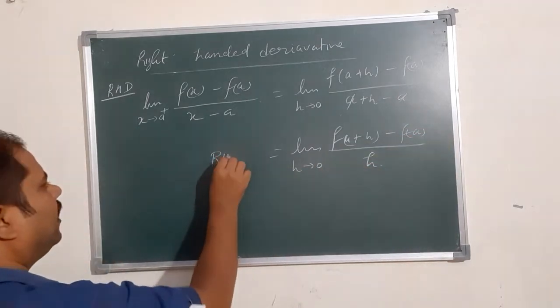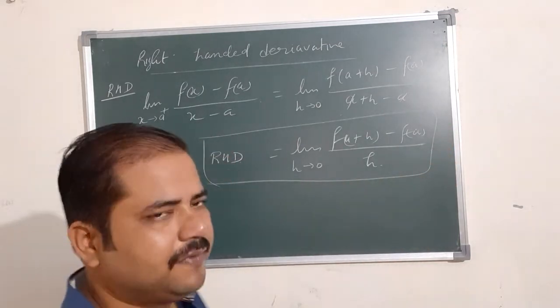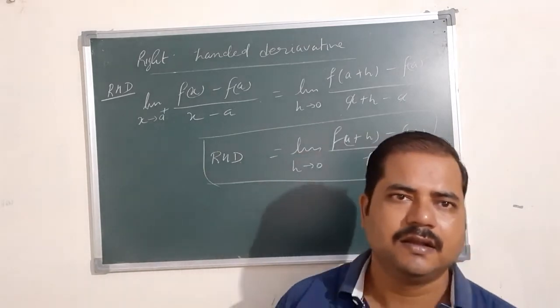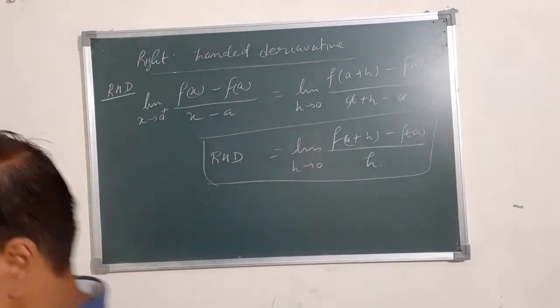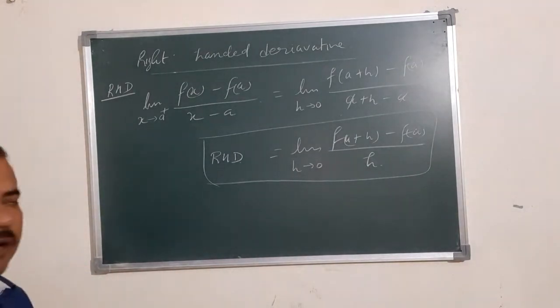This is RHD. So left-handed derivative and right-handed derivative. Maybe it is clear. f(a plus h) minus f(a) divided by h.